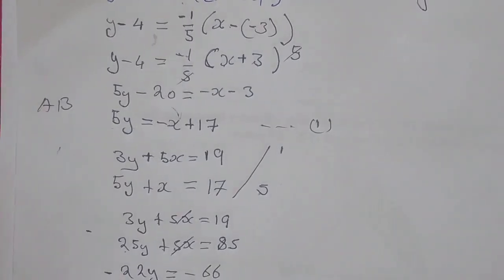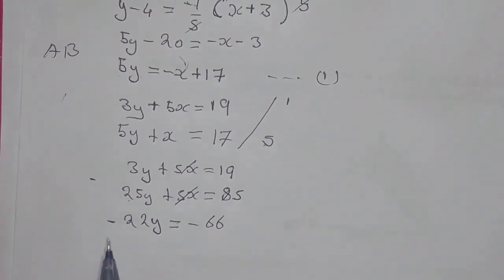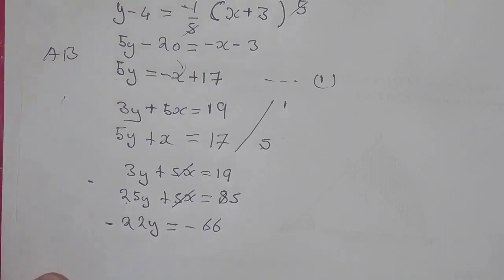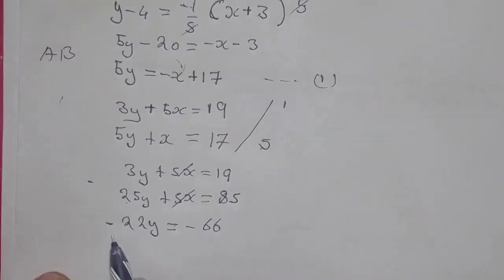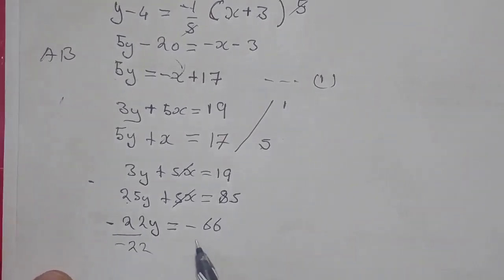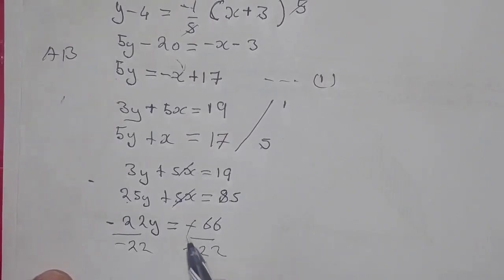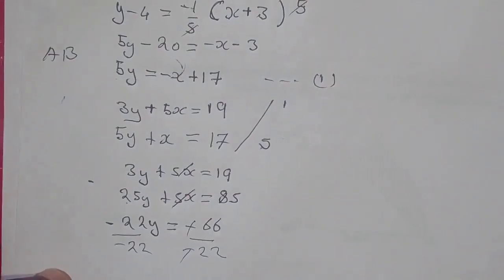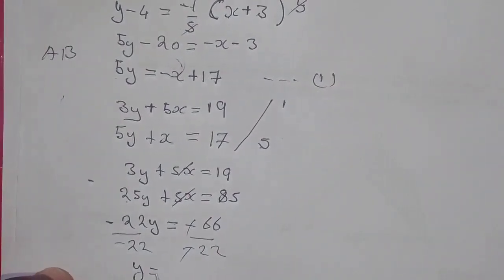Then you make y the subject by dividing both sides by negative 22. So this and this will give us positive. 66 divided by 22, we're going to have y is equal to 3.